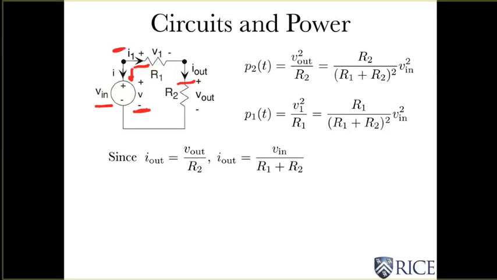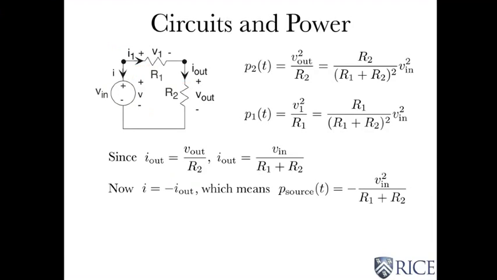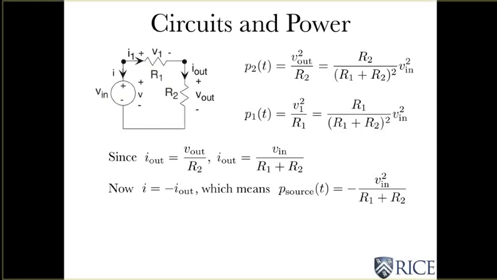So if I just find I out, which is given by the voltage that we found divided by R2, we know that that is I out, and I will be equal to minus I out, and what we get for the power produced by the source is the negative of Vn squared divided by R1 plus R2. And negative means it produces power. It is the one that is producing the power in the circuit.